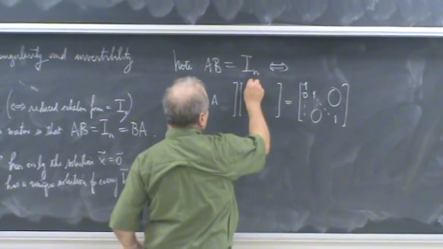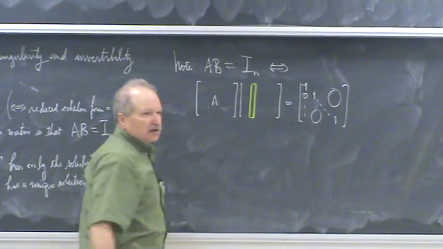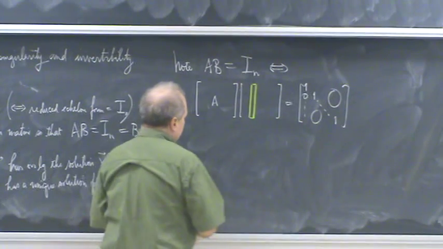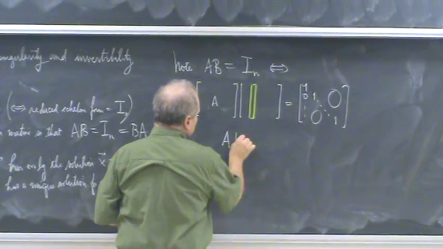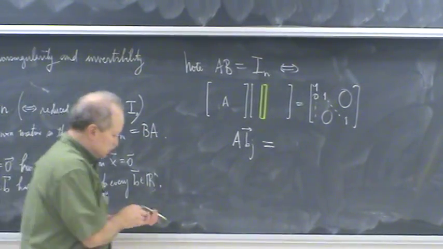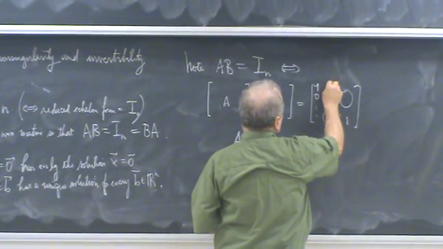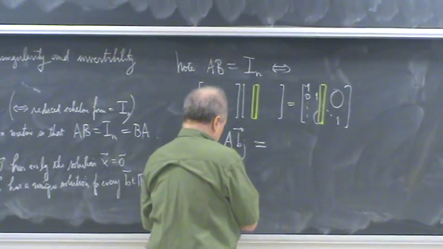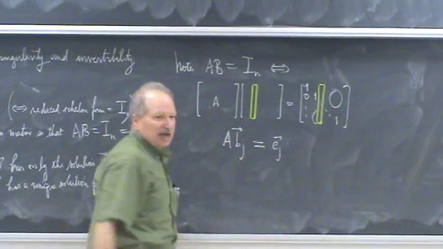We think of it column by column, do we not? So if you multiply A by the jth column of B, what are you getting? E_j, right? You're getting the jth column of the identity matrix, which is the jth standard basis vector.